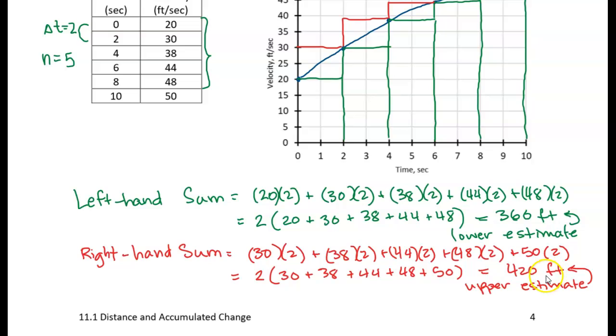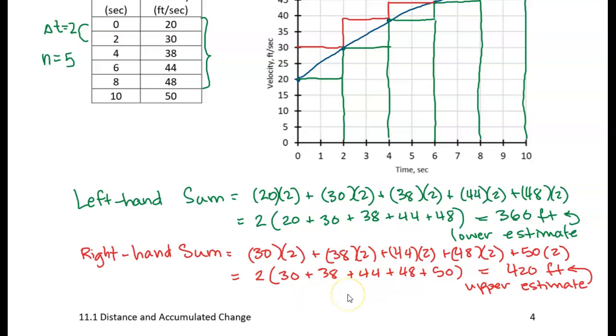So how can I get an even better approximation? Well, an even better approximation would just be the average of these two, because I know my actual curve is somewhere in between those. I know that the right-hand sum is too high and the left-hand sum is too low, just based on the curvature of this, or the fact that it's increasing.